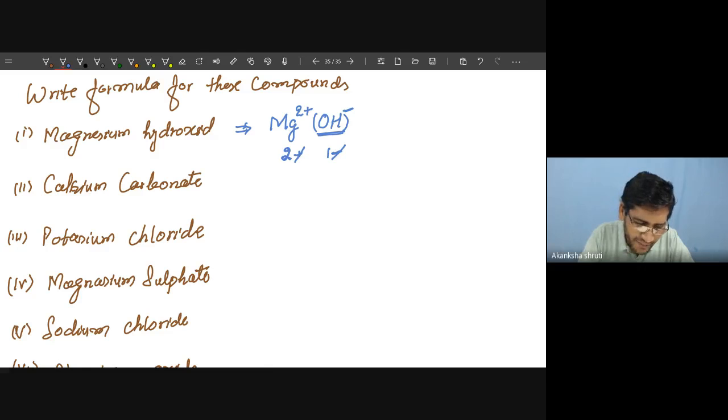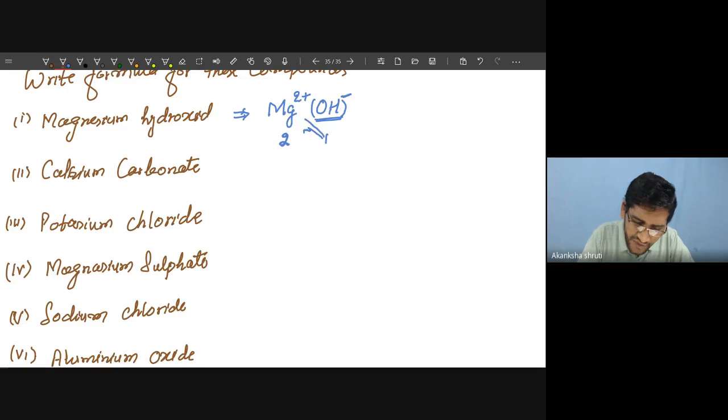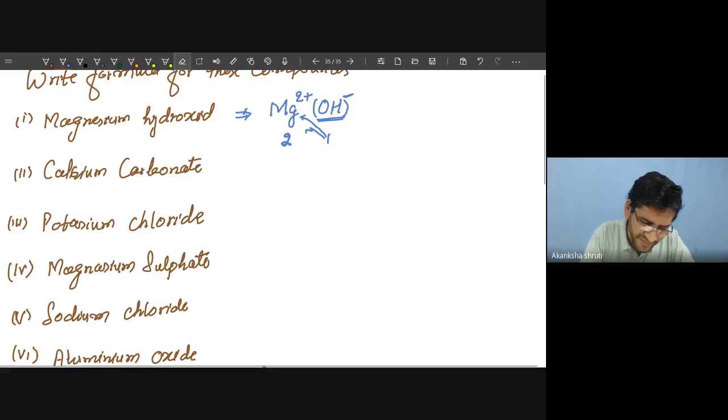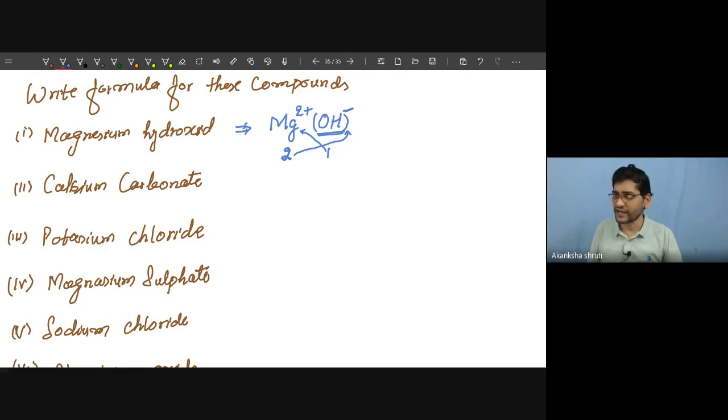Now, whatever the number is there, you have to write in the crossed manner. This one you need to write for this magnesium, and the 2 you need to write for this OH whole, not for H only, because the OH itself is acting as the complete ion. So it becomes like this.